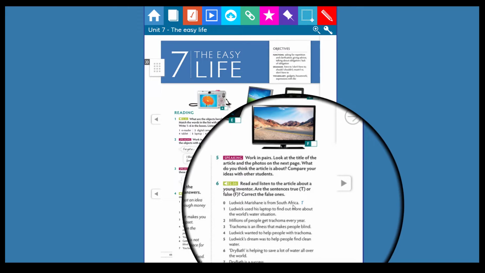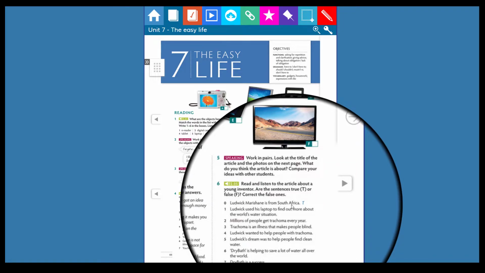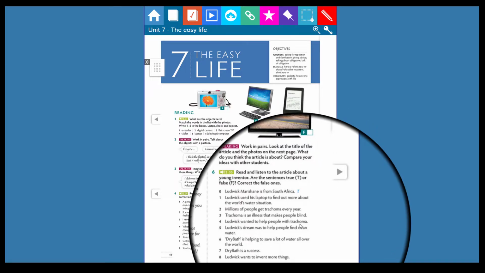So now you have to stop the video again and you have to make the activity. Write a T if the sentence is true and an F if the sentence is false. If the sentence is false, you have to correct the sentence. Okay, so do it, please.